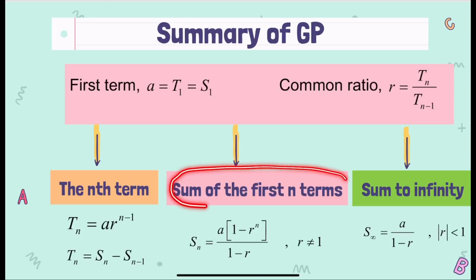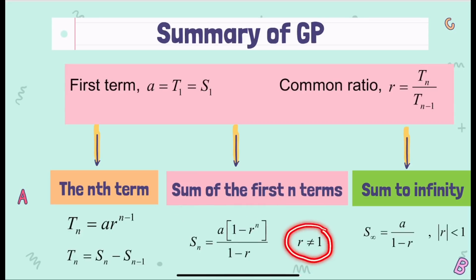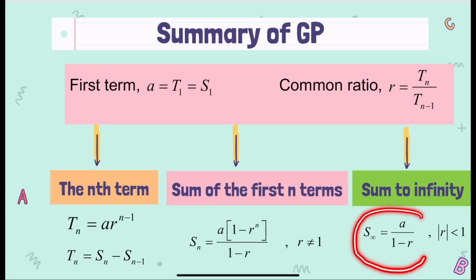For the sum of the first n terms, we only use one formula, which is Sn equals a multiplied by 1 minus r to the power n over 1 minus r, for r not equal to 1. And the last one is the sum to infinity, where the formula is S infinity equals a over 1 minus r, where r is between 1 and negative 1.